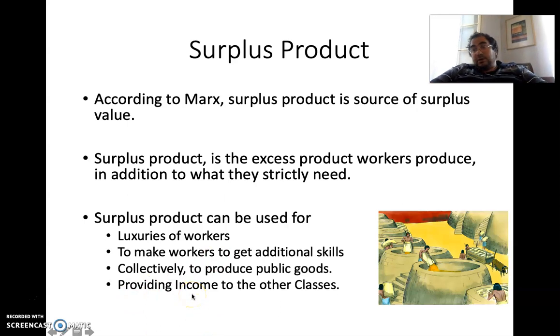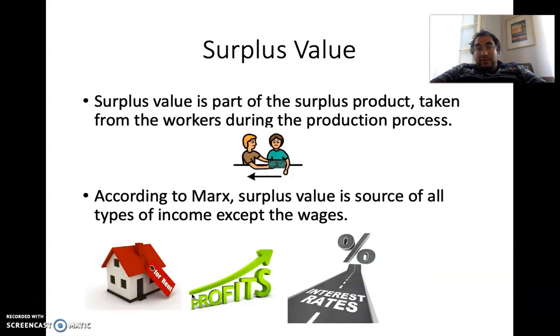So, surplus value is the surplus part of the surplus product taken from the workers during the production process. So it is the part of the surplus product that is creating income to all, well, other classes except the workers.